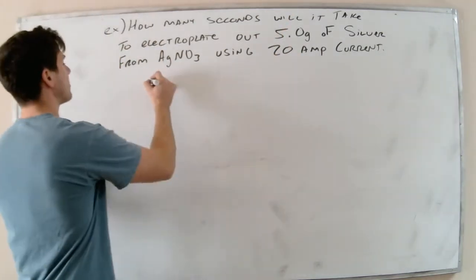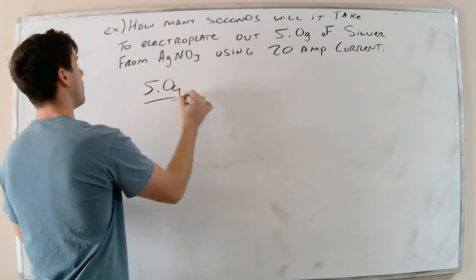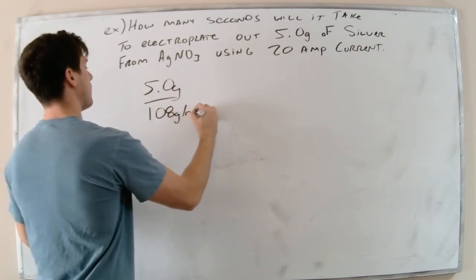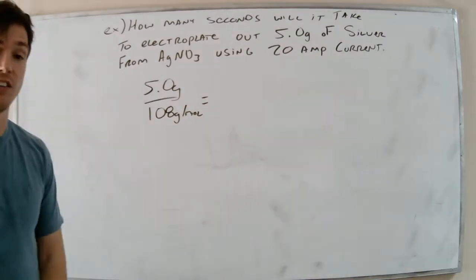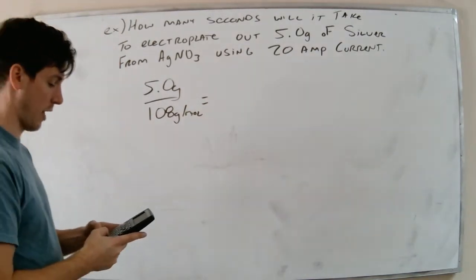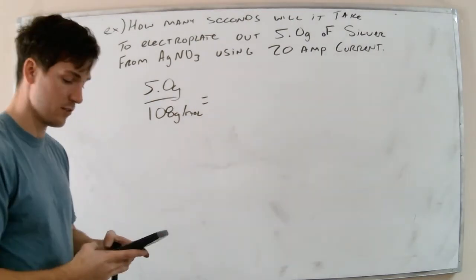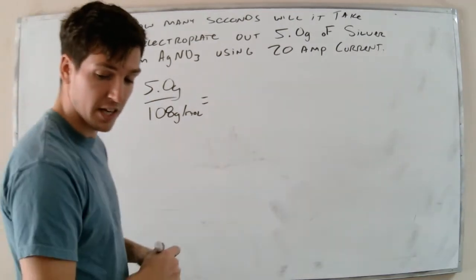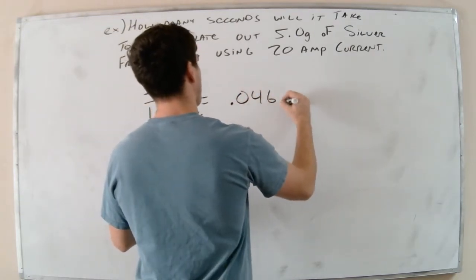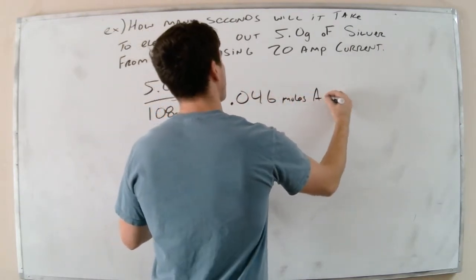So let's go ahead and convert that to moles, as I stated in my first step, right? Moles is our friend. It's always nice just to get everything to moles, because then we can convert it to a lot of things. So 5 divided by the molar mass of silver is 0.046 moles of silver.